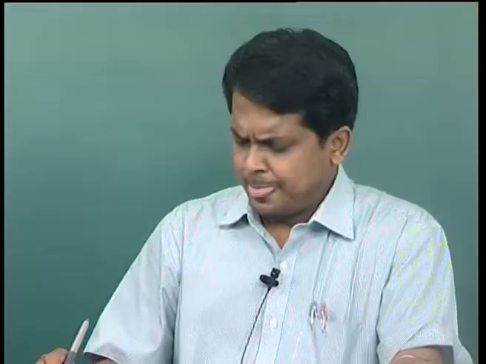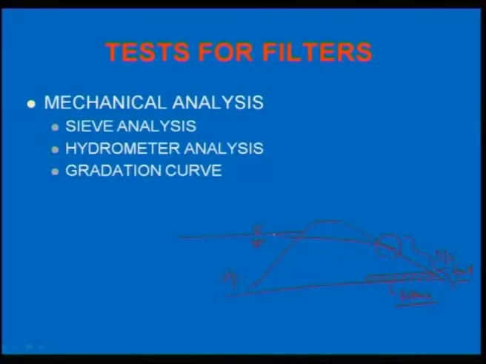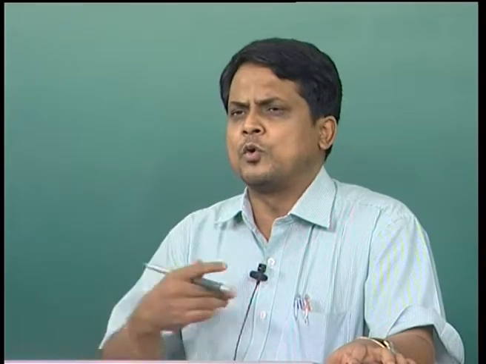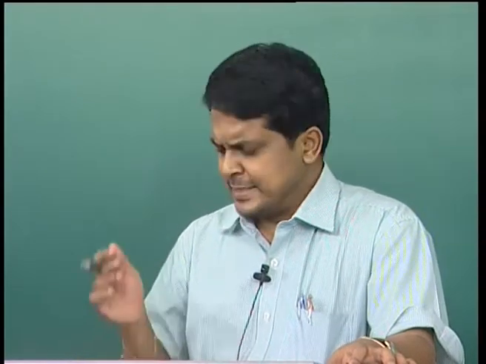What will happen? This seepage line is changed and it will pass through your filter. So, this filter will collect water from upstream and pass it through, and because the filter has that property, it will allow water to discharge and immediately pass inside.